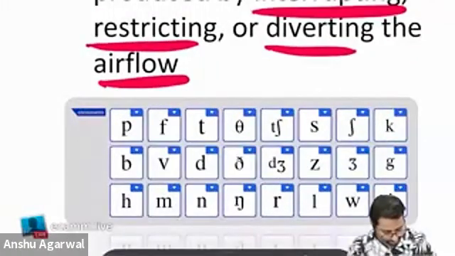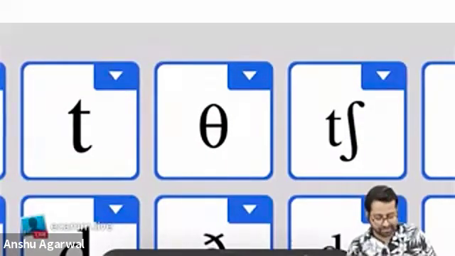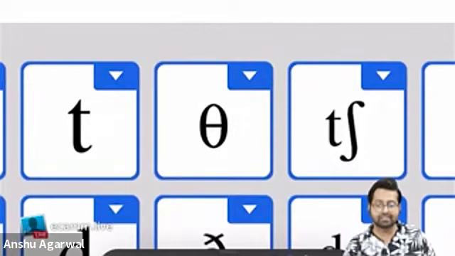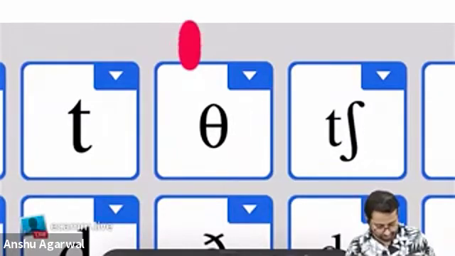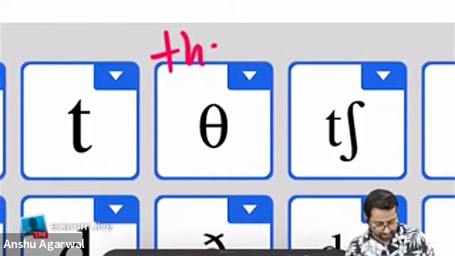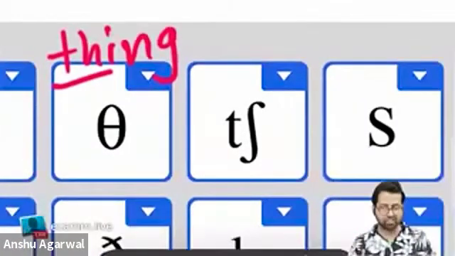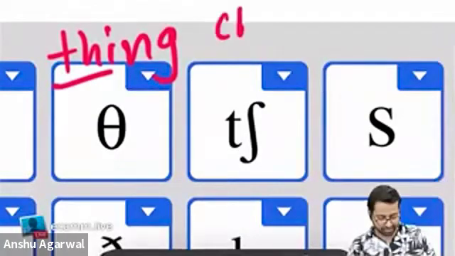Okay, so let me first start with the theta sound. This is the first sound of the word thing. Oops, let me make it smaller. Like thing, the first sound here. Next one is the ch sound, just like chain.